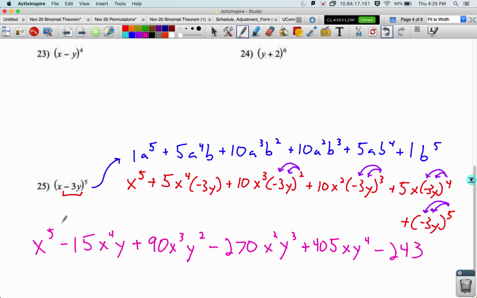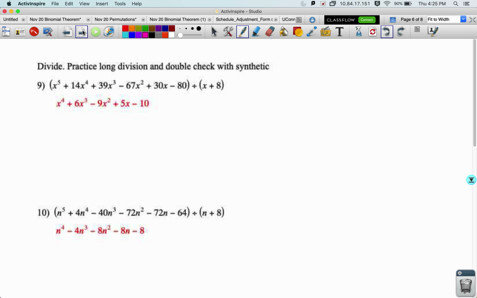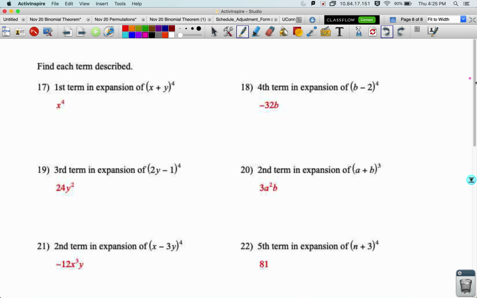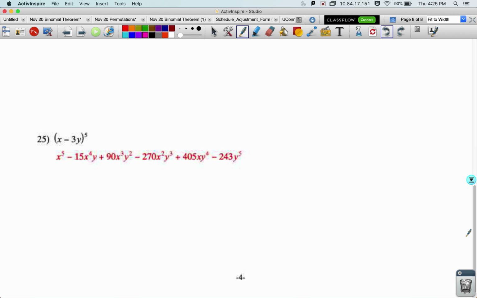All right, so 1, -15, 90, -270, 405, -243. Let's see how we did. Yep, I think that's looking about right. All right, well, just wanted to add that in. That's it for this one. Have a good rest of your day.